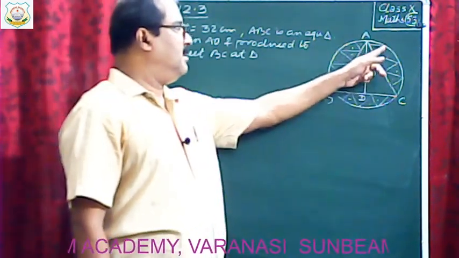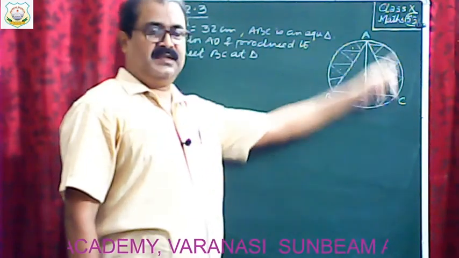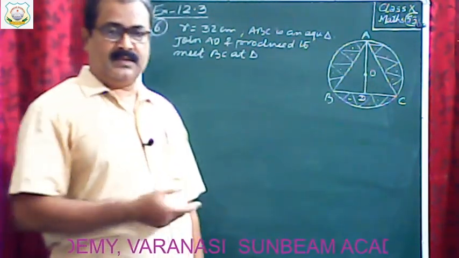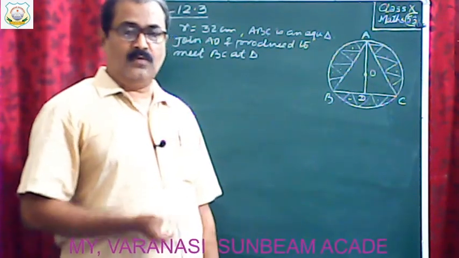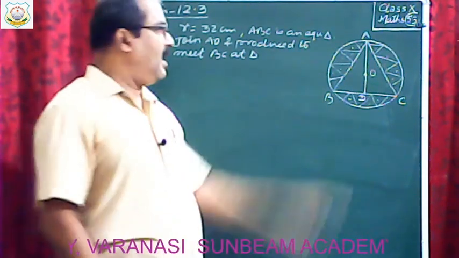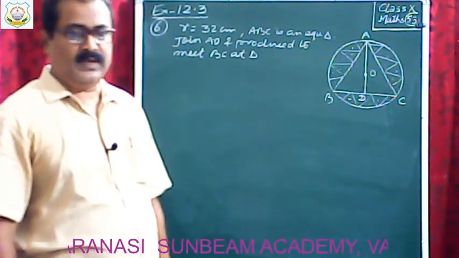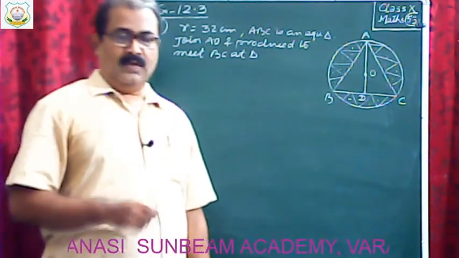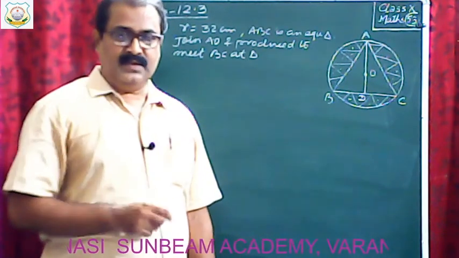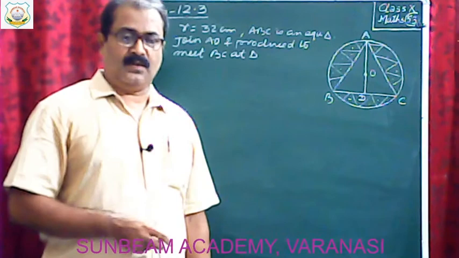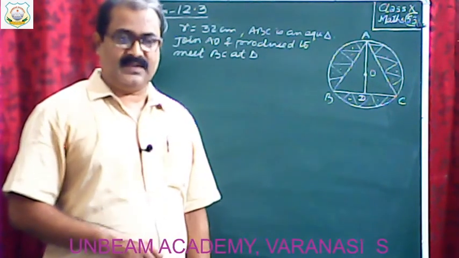Since the circle passes through all three vertices of equilateral triangle ABC, such circles are known as circumcircles, and the center is known as circumcenter. Okay, so in an equilateral triangle, circumcenter, incenter, centroid and orthocenter all lie at the same point.